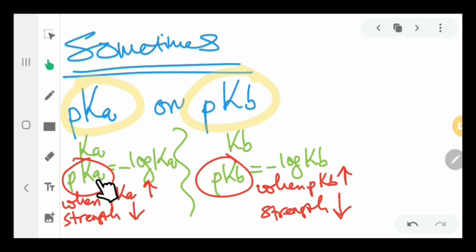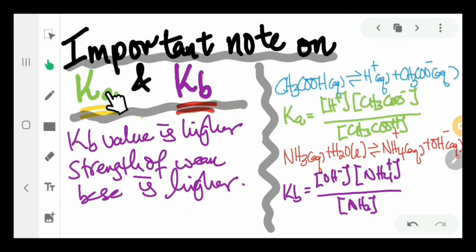When you have a value of pKb that is bigger, note that pKb is the same as pKa, the strength of your weak base will be lower. So it's different than what we have for Ka and Kb. Always remember that.